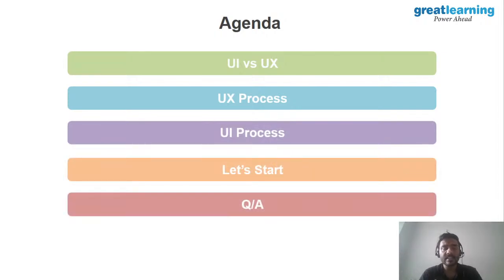First we're going to discuss UI and UX, the processes behind it, and then we'll try to use Adobe XD. So don't worry guys, today will be a very practical session where I'm going to take an idea and show you how you can design upon that idea. That's why we'll have to understand what the UX process behind it is, what the UI process is, and how you can start implementing it.